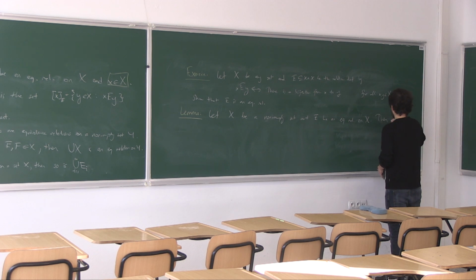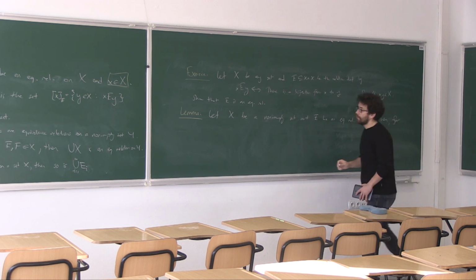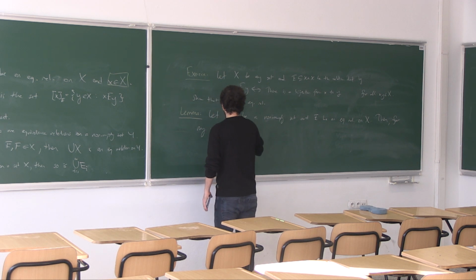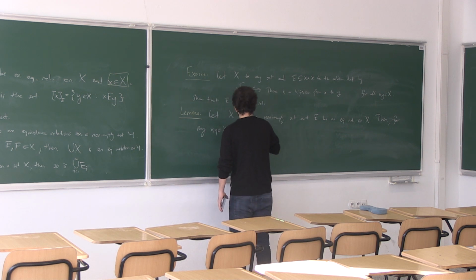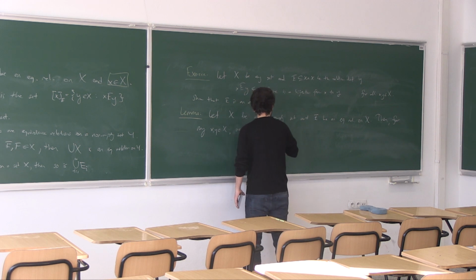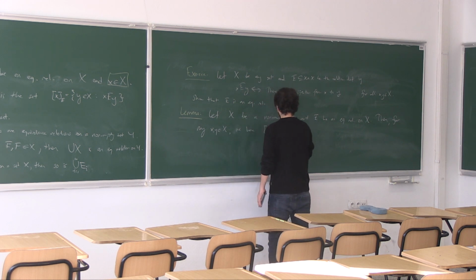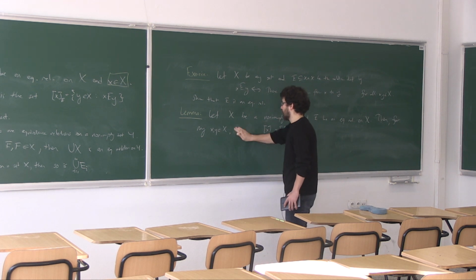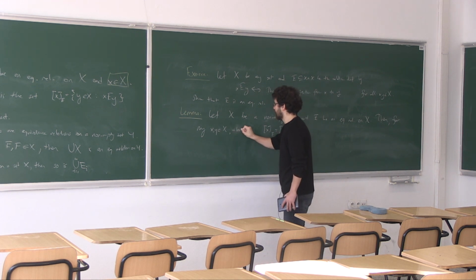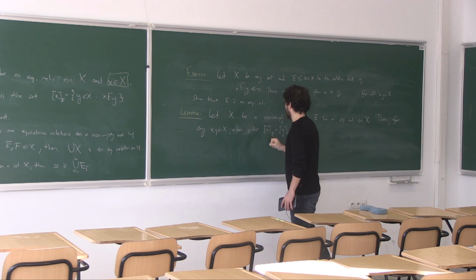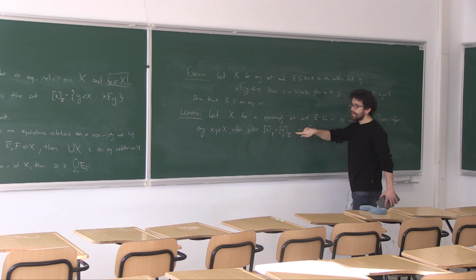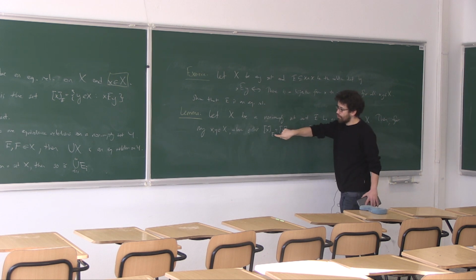Then if I take two elements of this set, either the equivalence classes of these elements are the same or they're disjoint.